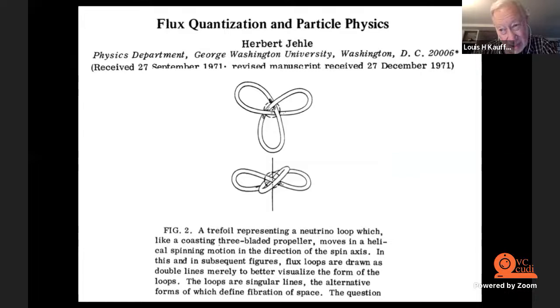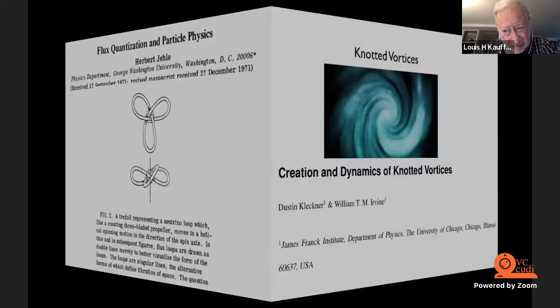And later on, for example, in the 70s, Herbert Jehle had a theory that knotted quantized flux would be elementary particles. It was a qualitative theory, but a precursor in a way to string theory.